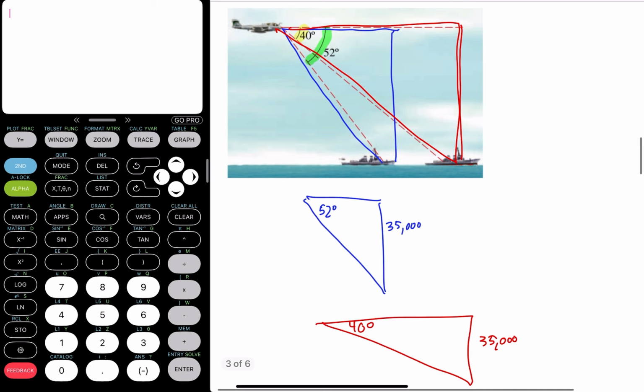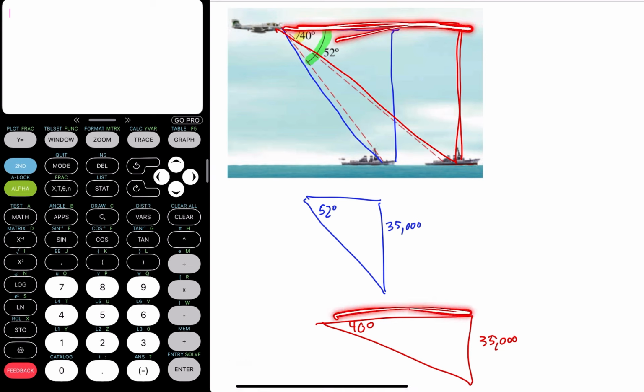And it should be pretty clear if I take this long one in red minus this short one in blue, I can find the distance between the two boats. That would be the distance between them.